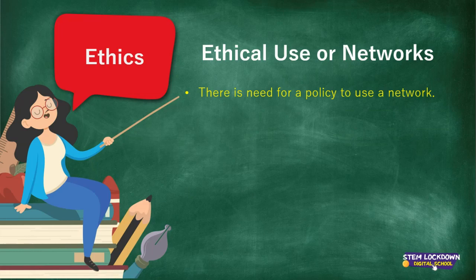For example, you cannot download movies or music willy-nilly at an internet cafe, right? Because the owner of the internet cafe has a policy against that, right? So this policy is known as an acceptable user policy, or just abbreviated as AUP.